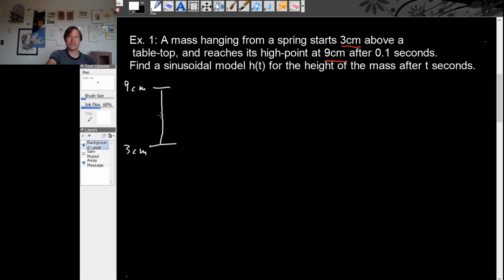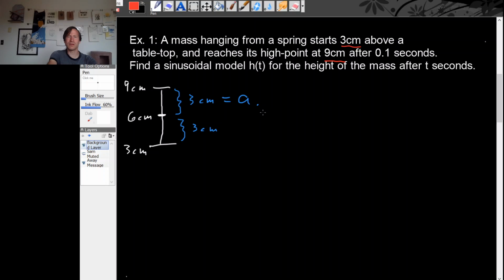The middle is exactly halfway in between, so that's going to be at a height of 6 centimeters. And so the distance from the middle to the top and the middle to the bottom is going to be 3 centimeters. And so that's going to be our amplitude. So our amplitude is 3.